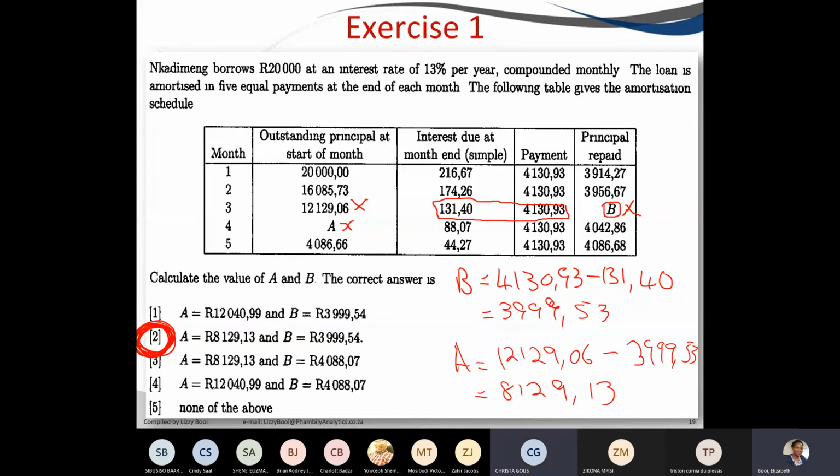Those who wanted to calculate using the values that you are given: the challenge is that they didn't give you how long the period is in order for you to calculate the payment. They just gave you only 5 months.